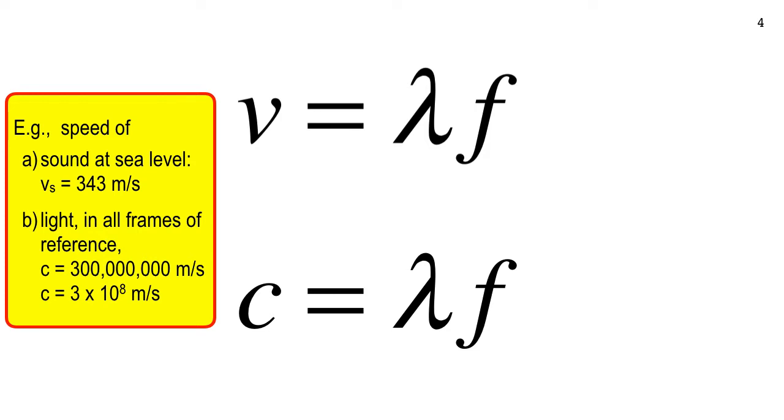That is mind-boggling. 3 times 10 to the 8. I wrote about it at the very beginning of the e-text when we talked about the definition of the meter. The meter is now defined as a certain distance traveled by light in a fraction of a second.